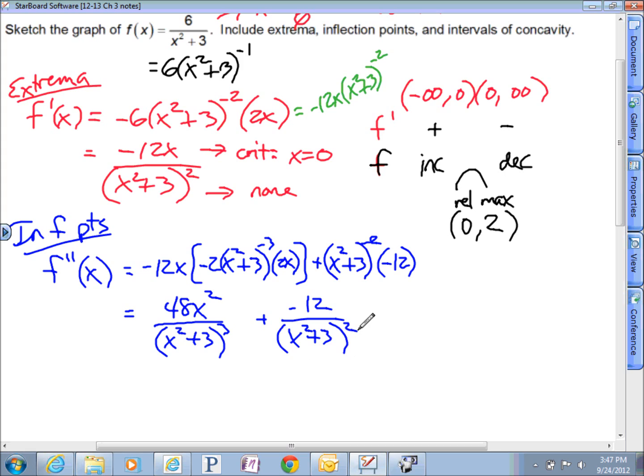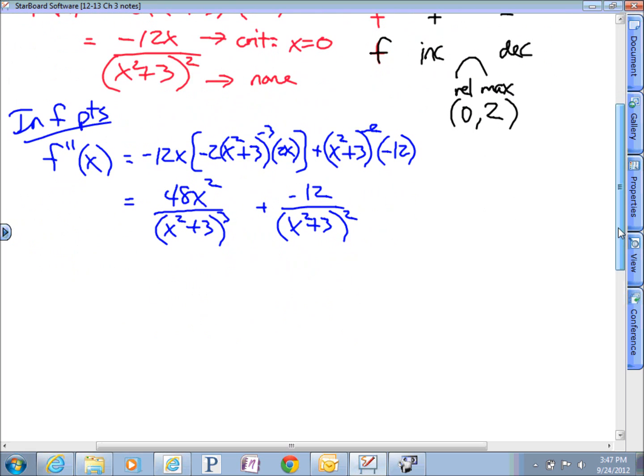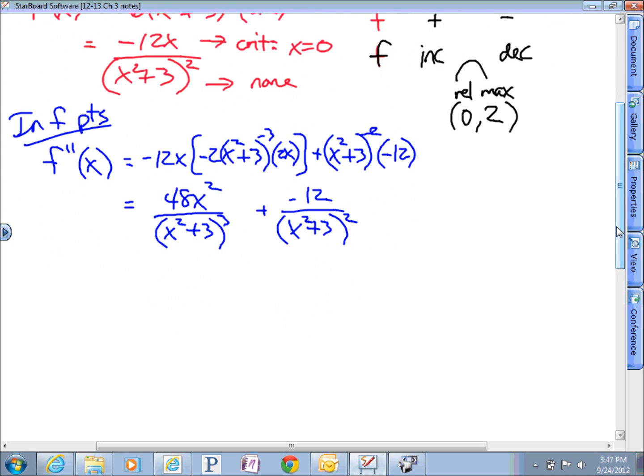There's my terms. Now, if I want to find critical numbers, I'm going to have to combine those two things. So what do we need? It looks like the common denominator is going to be (x squared plus 3) raised to the third power. In order to create that common denominator, for this second fraction we're going to have to multiply by x squared plus 3, and we'll have to do the same thing to the top.